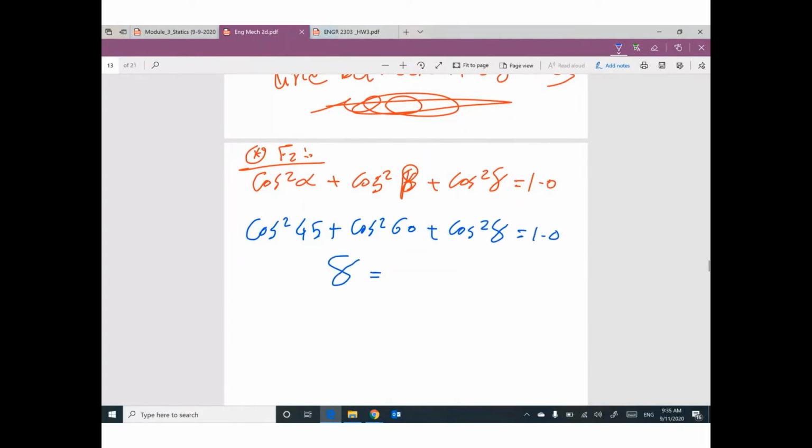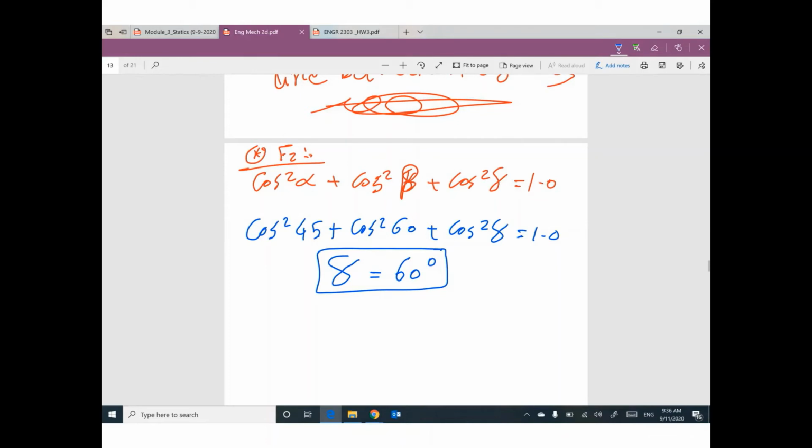I can use my calculator. Cosine square 45 degree plus cosine square 60 minus 1, square root, shift cosine. This angle is given 60 degree, 60 degree between the z-axis and this force.